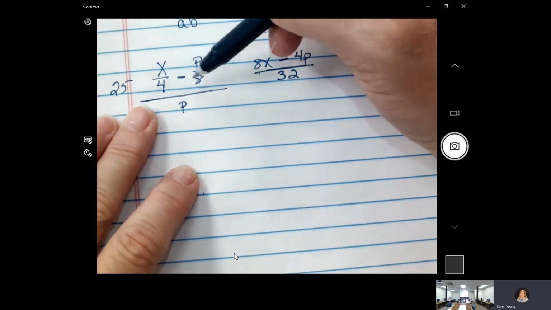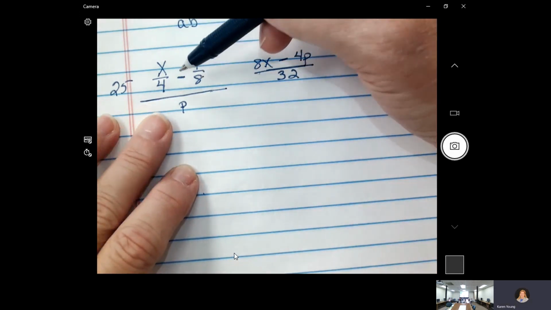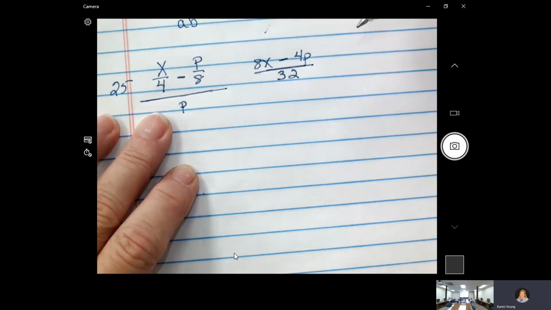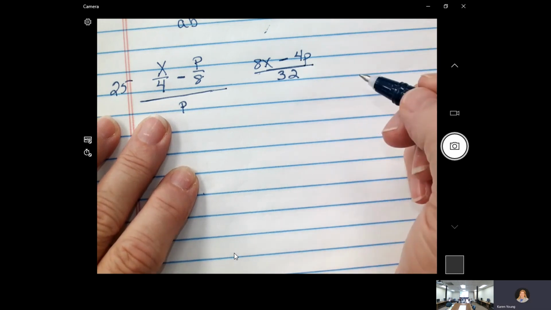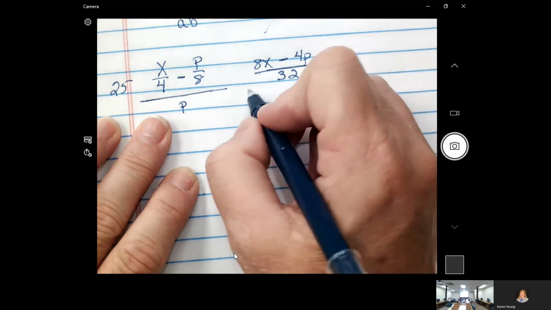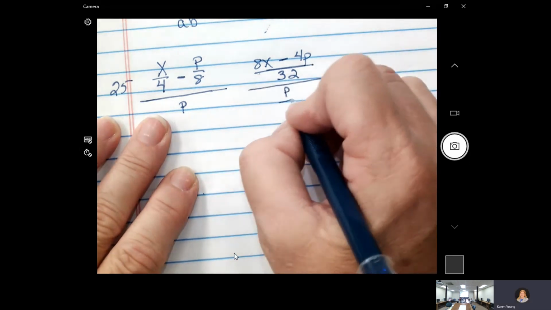You do top left to bottom right, and then it's minus or plus, whatever the symbol is, bottom left to top right. So that gives me 8x minus 4p over 32, divided by p over 1.